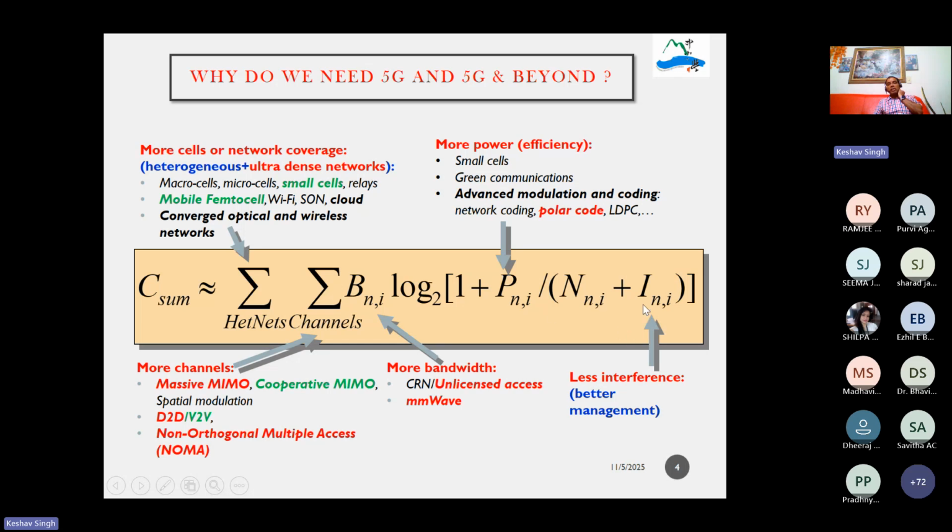If it becomes higher, then overall this term will become lower, and then capacity will become lower. So there should be a balance between transmit power and interference. That means if we have some policy for better interference management, we can achieve higher throughput.